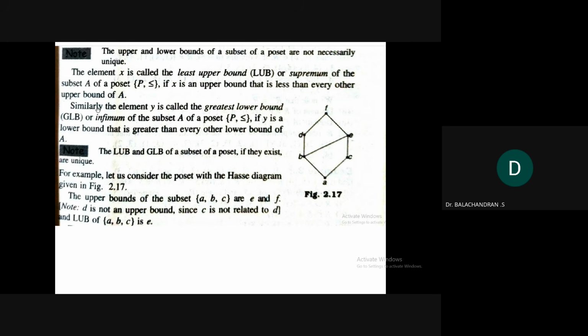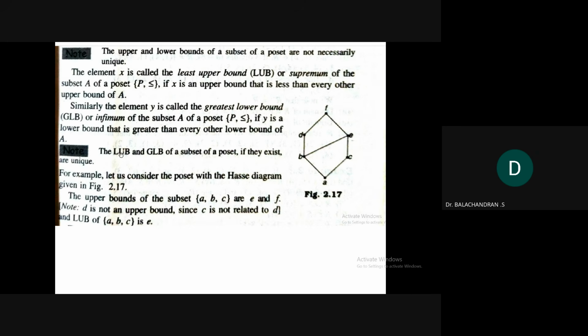Similarly, the element Y is called the greatest lower bound, or GLB, or infimum of the subset A of the poset (P, less than or equal to) if Y is a lower bound that is greater than every other lower bound of A. So among the lower bounds, the biggest or greatest one is called the greatest lower bound or infimum.